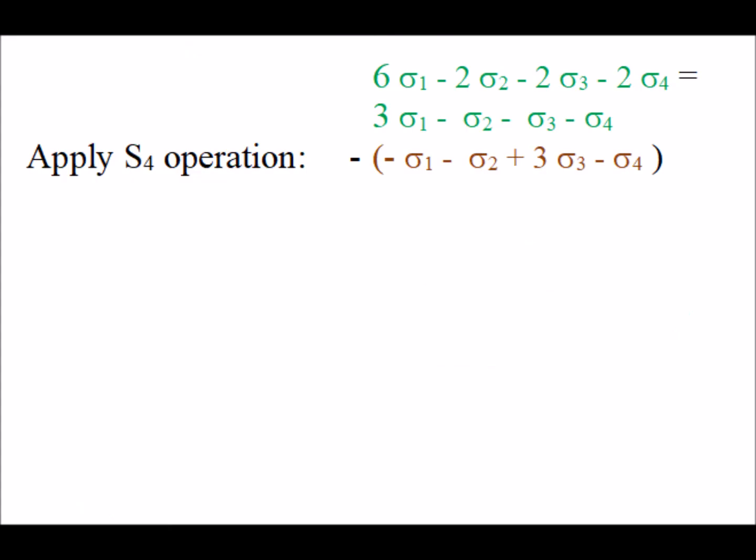When we apply the S4 operation on our green 3 sigma 1 minus sigma 2 minus sigma 3 minus sigma 4, the result is minus sigma 1 minus sigma 2 plus 3 sigma 3 minus sigma 4. Now it turns out that is not the orbitals we want, but we're now going to separate that expression in brown from the expression in green.